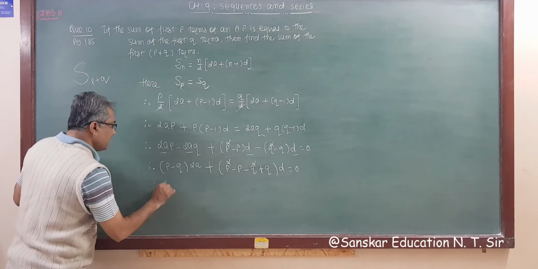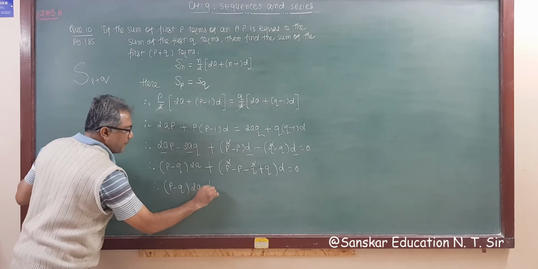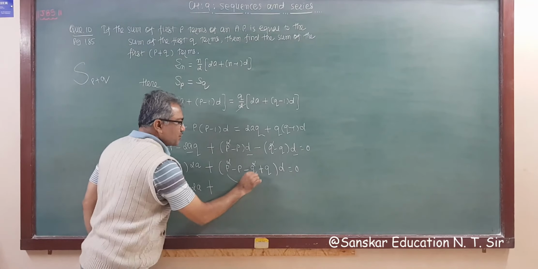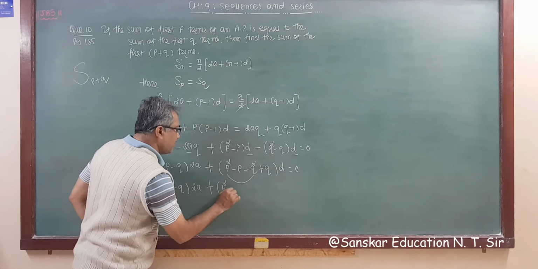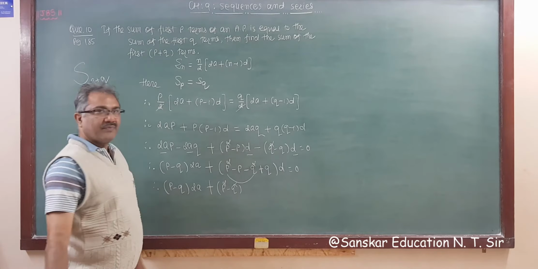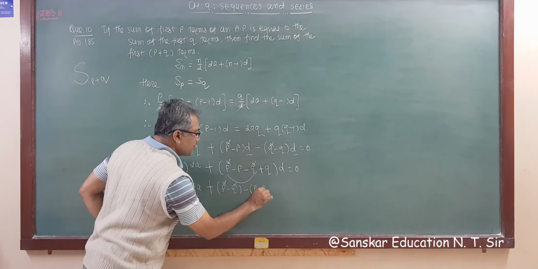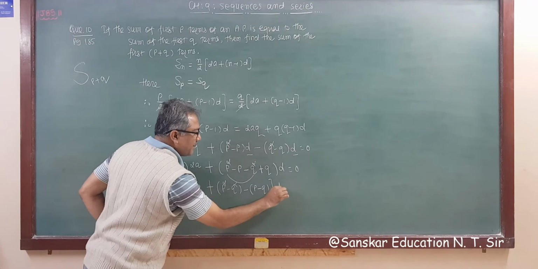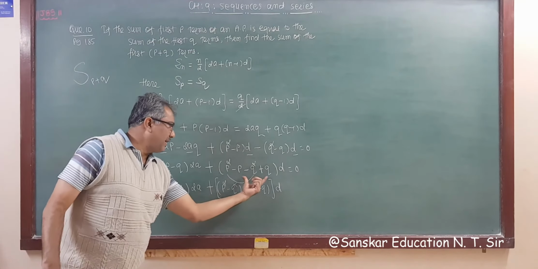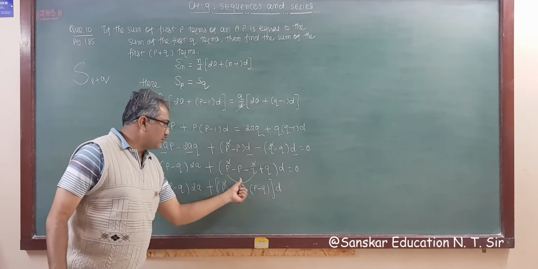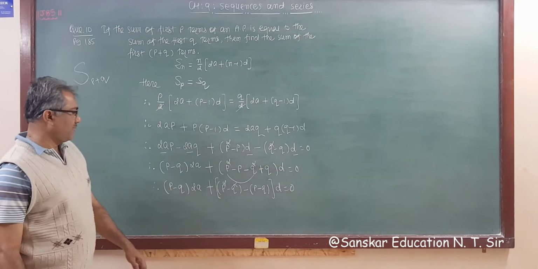So this is p minus q into twice a plus, I am writing these two perfect square terms first, so this is p square minus q square, right? Taking minus common from the other terms, we get minus p minus q bracket over d, so minus becomes plus and plus becomes minus, is equal to 0, right?